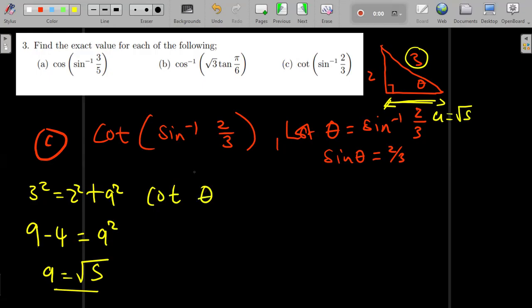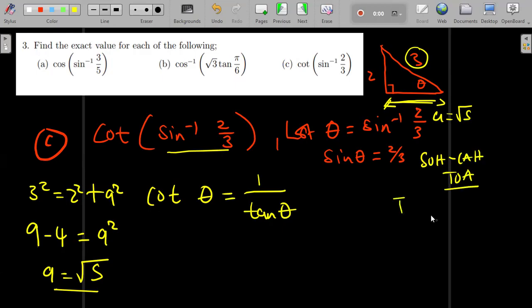Cot theta, well, theta is this angle here. We are first going to change this into a tan. We know that cot is the reciprocal of tan, so it's 1 divided by tan theta. From your SOHCAHTOA, tan theta is simply equal to opposite divided by adjacent.